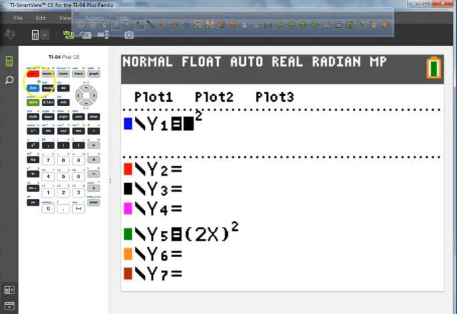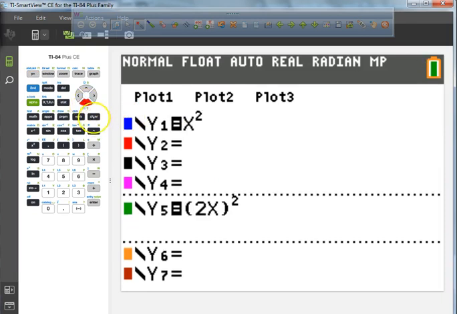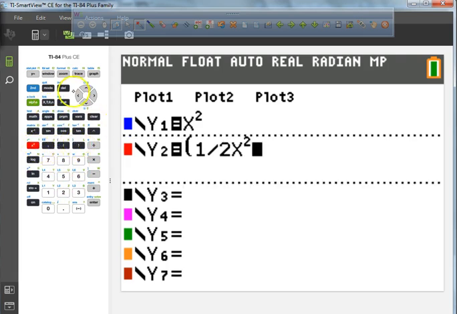So y equals, clear this out. I'm going to do 1 divided by 2 x squared. Oh, sorry, my bad. I need to put parentheses there. There we go. So a half of x, and then I'm squaring the whole thing.